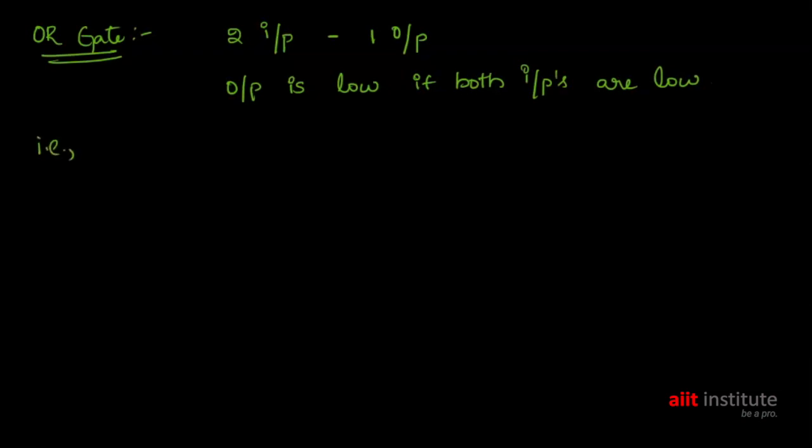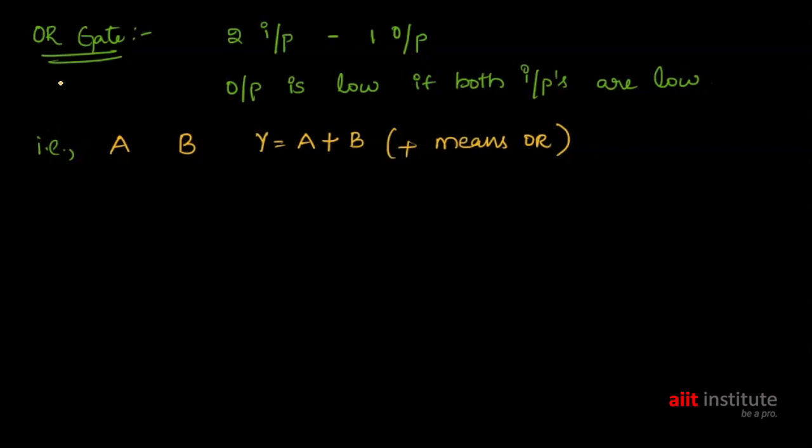That is, if A and B are inputs, then Y will be the output, which can be represented as A or B. The plus means or. It should also be pronounced as or, not as plus.